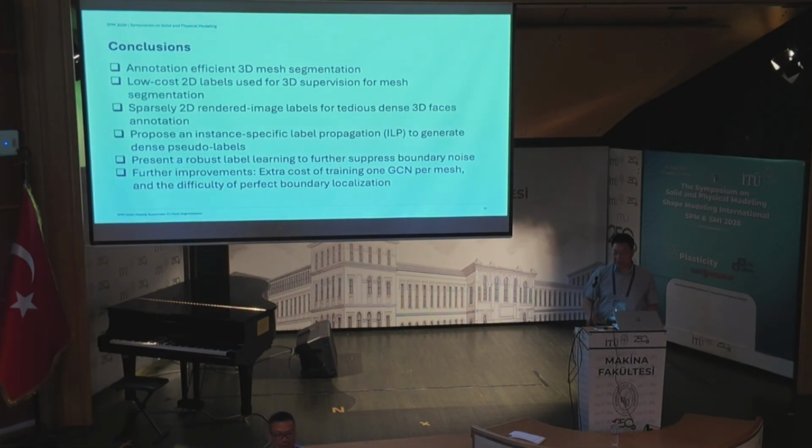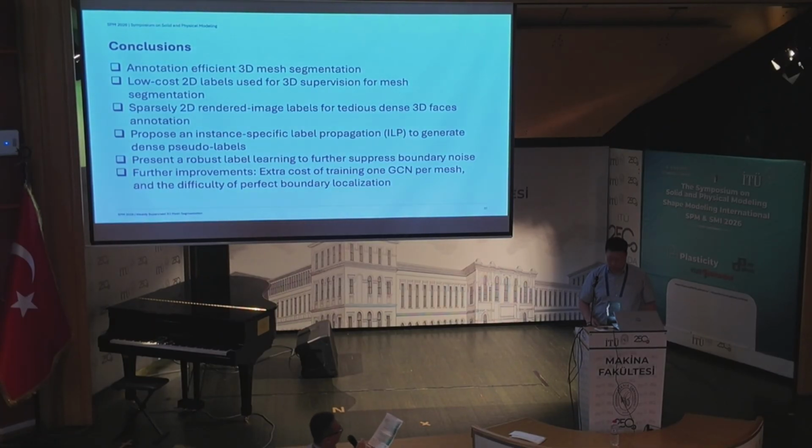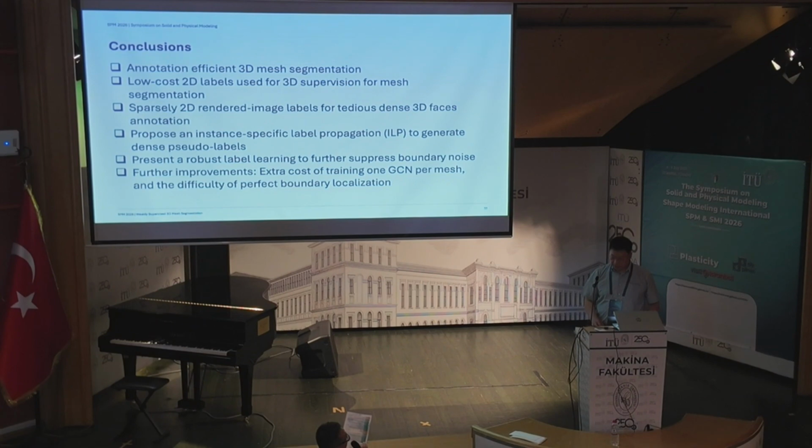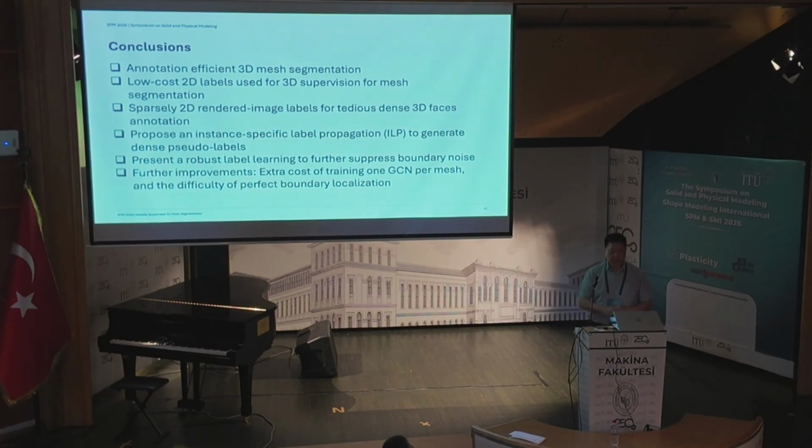Any other questions? I have a question. The major contribution of this work is that you can label on 2D, and then you get the 3D mesh labeled. So I'm wondering, did you compare with some other existing 3D labeling methods? Do you have some numerical tables? I see some really nice results.